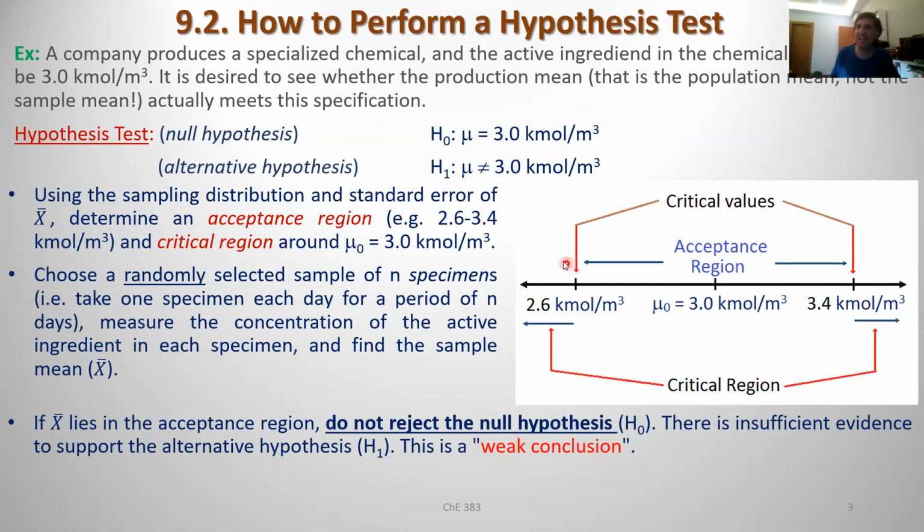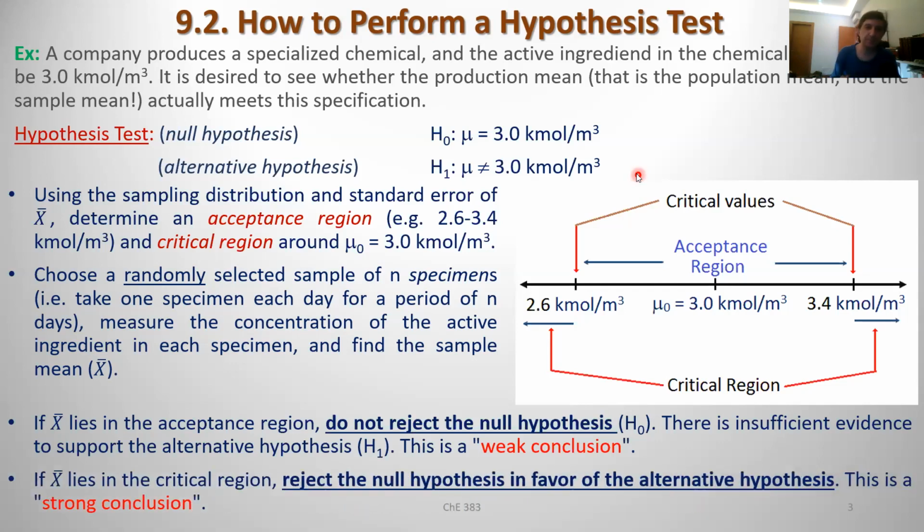Because we simply say that we do not reject this, or we cannot show that mu is not equal to 3.0. That's why this is called a weak conclusion. Why is this a weak conclusion? I'm going to explain with the properties of these H0 and H1.